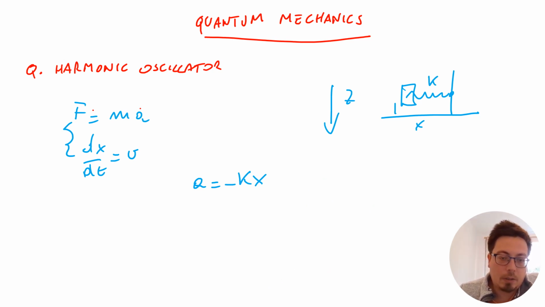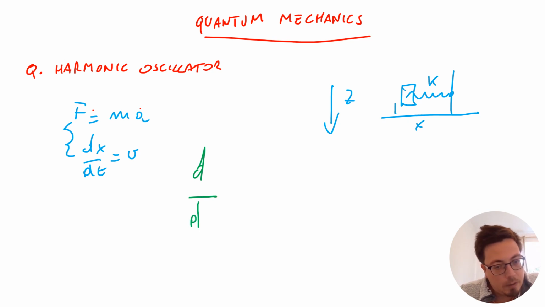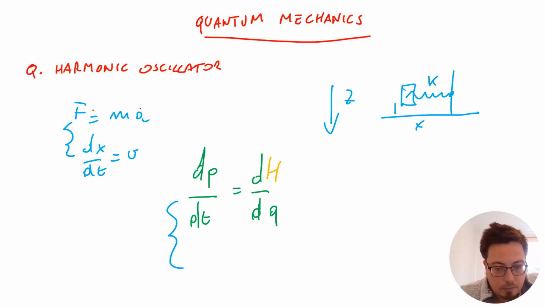So we can get to the same equation by defining these derivatives, d/dt of p and d/dt of q, in terms of the Hamiltonian H. And then we get another set of differential equations.